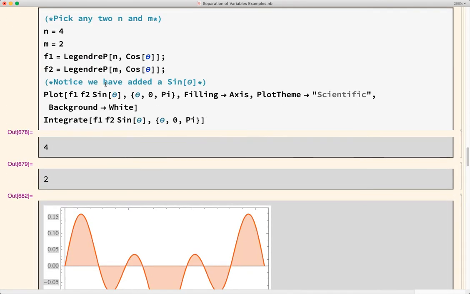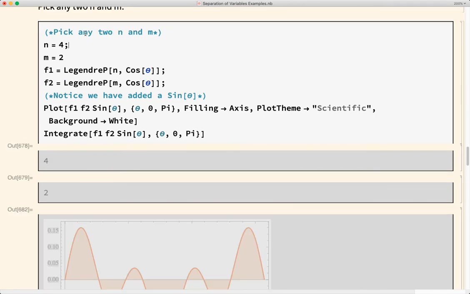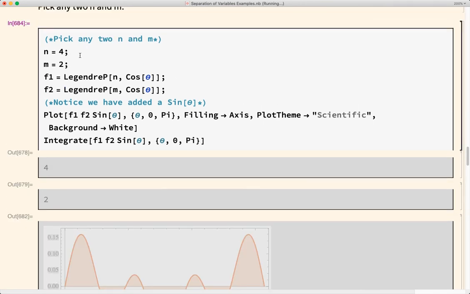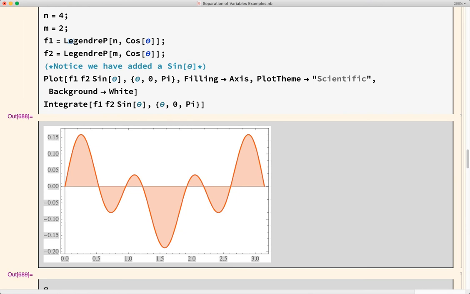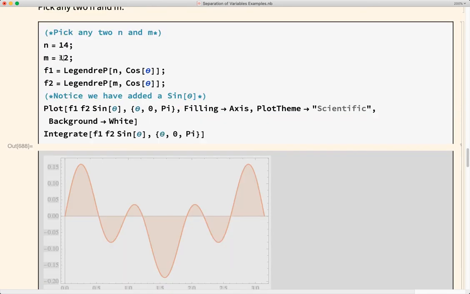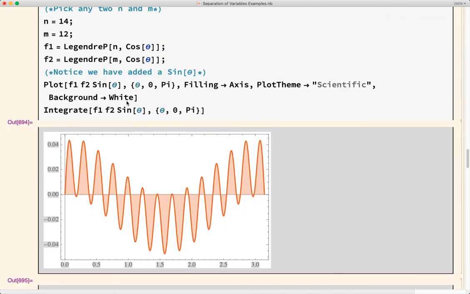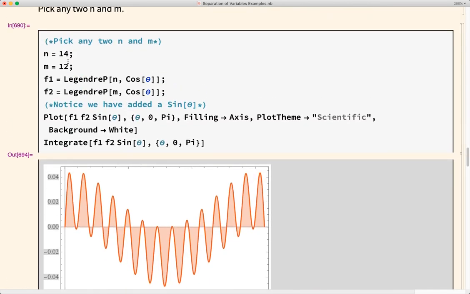I can pick any two n and m, and I can evaluate this, and we can see what we get. Again, these are the functions I'm evaluating at cosine theta. The difference is when I'm plotting, I'm also multiplying the product of these two functions by the sine of theta. If I do that, you can see as long as n and m are different, I get equal amounts of area above and below the curve, even if I go over to really high orders.